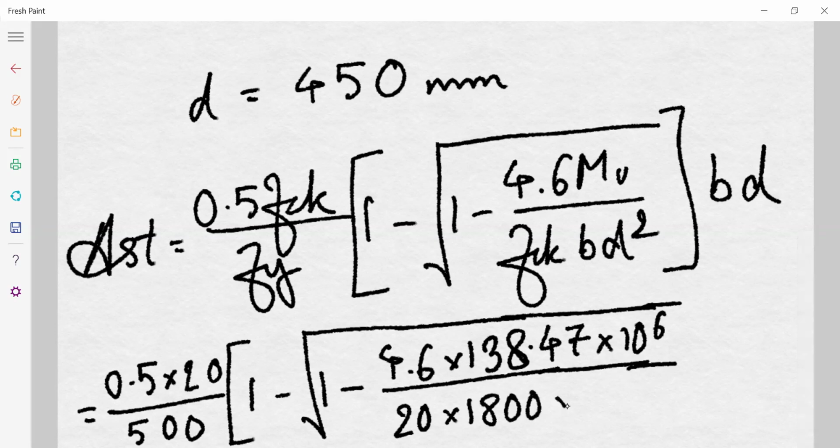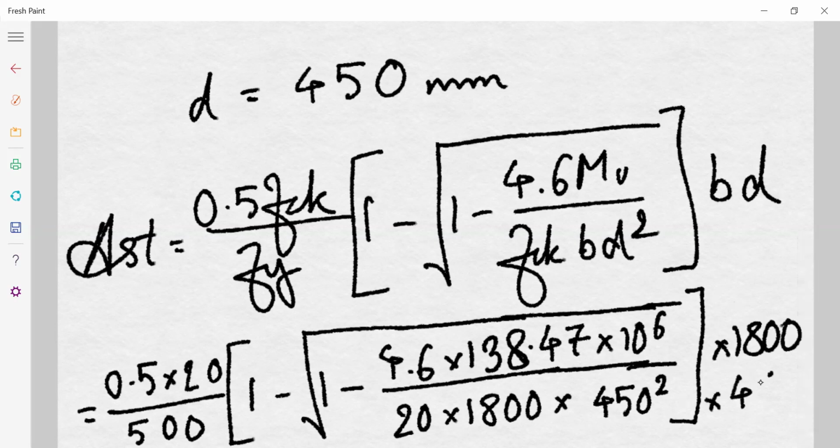We keep everything in mm. D square for 450 mm square into 1800 into 450.